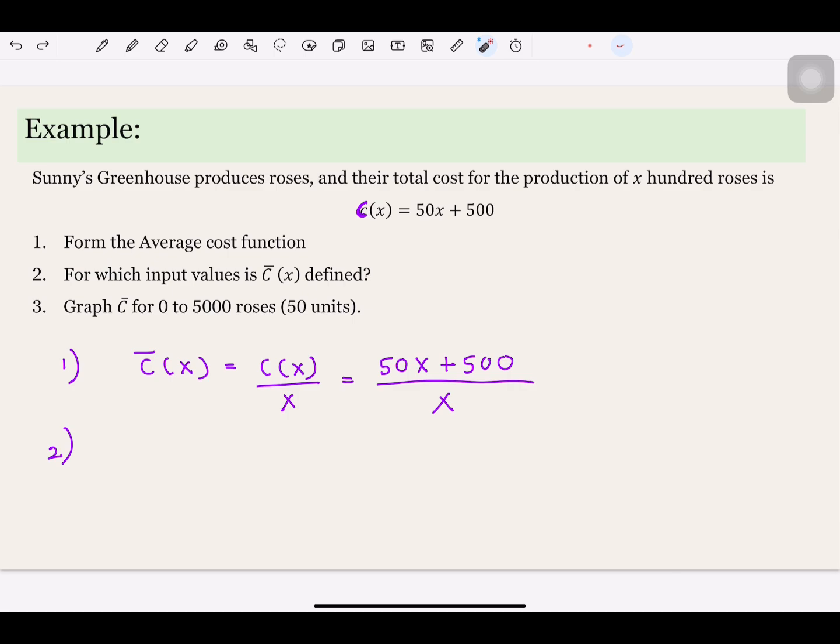The number of roses should be positive, and this number cannot be 0. That means the domain of this function, the numbers that we can take for this function, should be all positive numbers. The inputs, or the domain, for this function is all x values greater than 0, that is, any positive number.